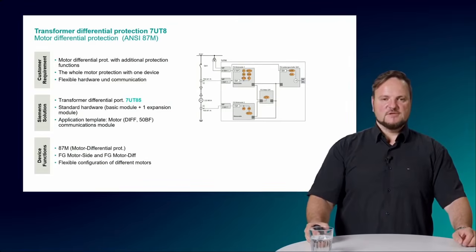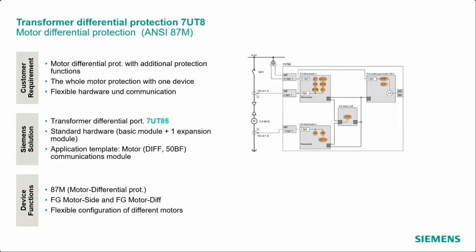But this is in addition to the motor protection devices. So if the customer has only a simple motor protection device, for example a 7SK82 without differential, then they can use, for example, a 7UT85 to extend the basic application to a differential protection.